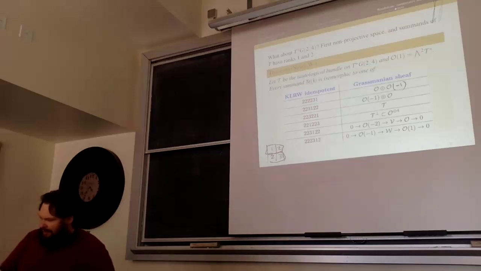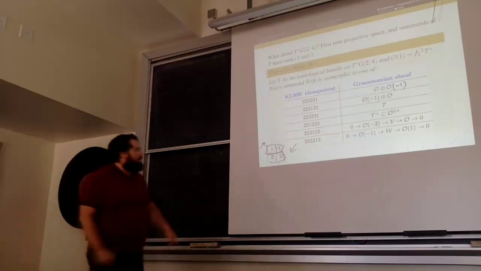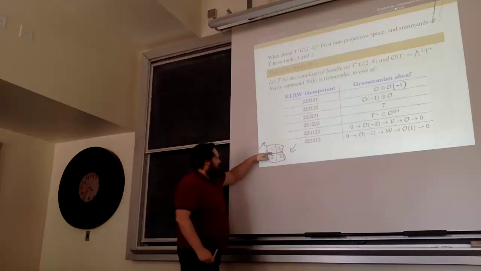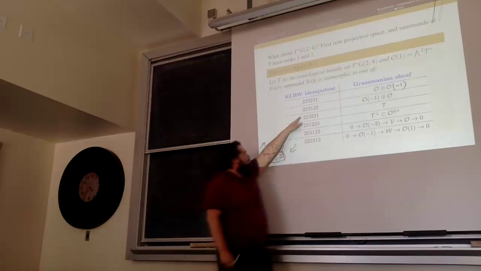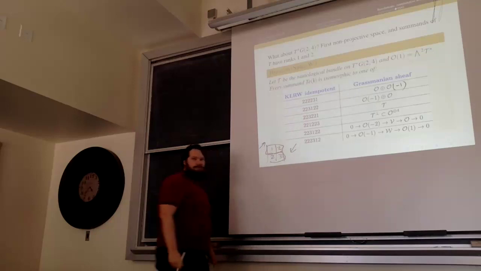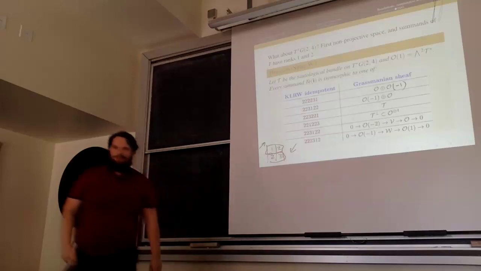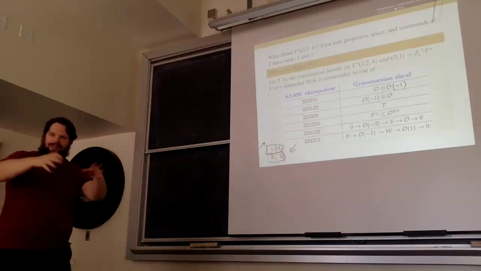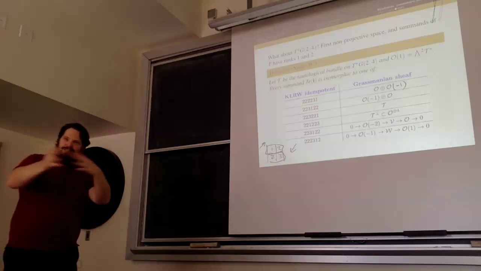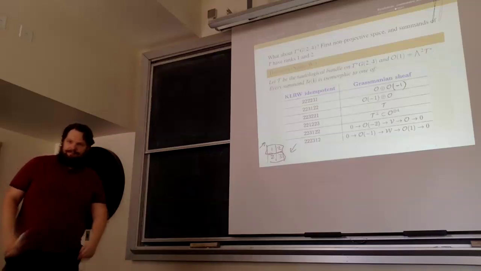Then next to one of the red 2s, I read up from this corner this way, and for the other red 2, I read from this corner this way. So this guy corresponds to cutting off one of the 2s, this guy corresponds to cutting off the other 2, and this guy corresponds to doing it this way. This is just employing some well-known redundancies between projectives in the KLR algebra.